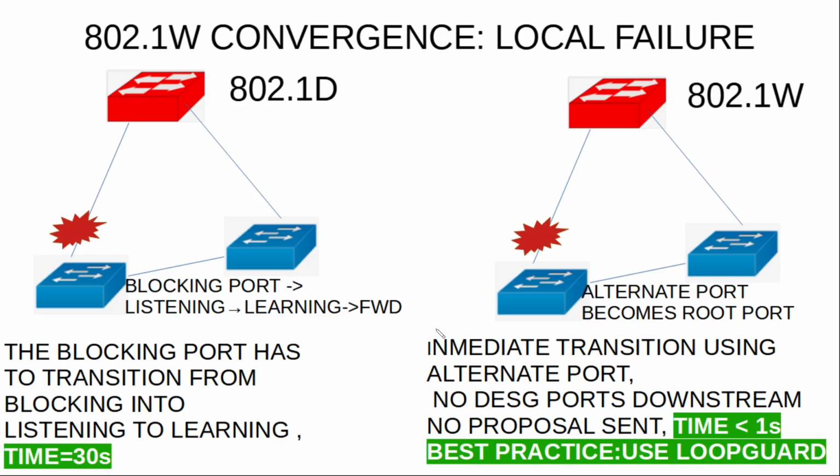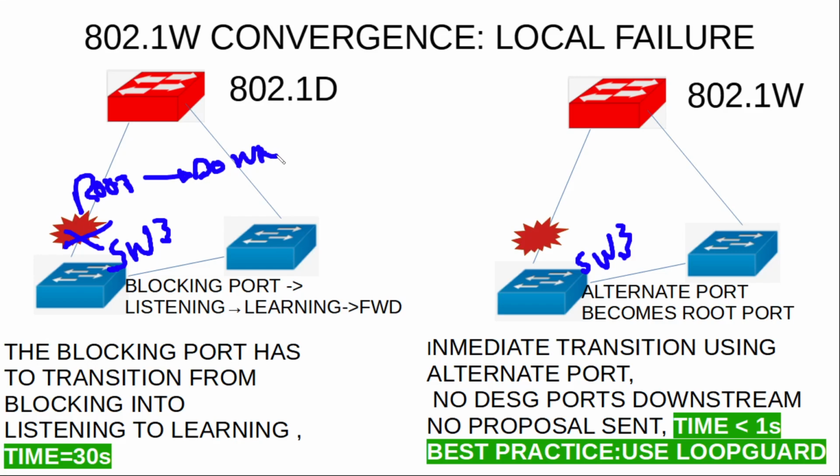Now let's analyze how rapid spanning tree is better than the original spanning tree when it comes to convergence times. In this case, we are examining a local failure. Let's call this switch 3. Switch 3 notices that there is a local failure. Its root port has gone down due to a failure.